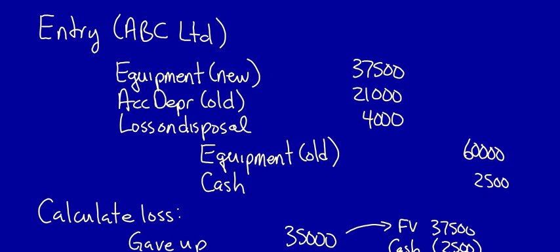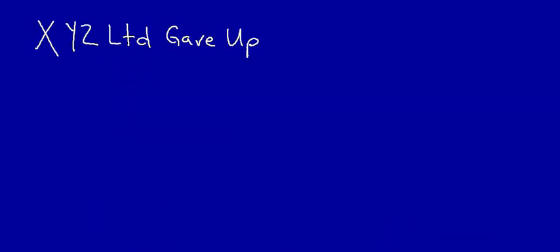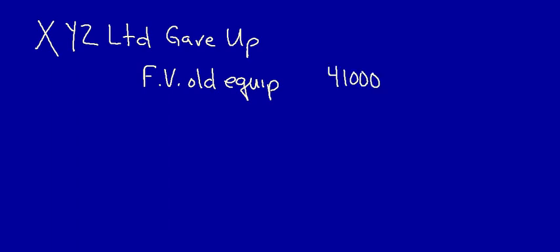Now that we've recorded the entry for ABC Limited with commercial substance, let's move on and record it for XYZ Limited. What did XYZ Limited give up? They gave up the fair value of the old equipment. Remember, we're using fair value because it's with commercial substance. That's from the chart. We also have to take into account the cash that we received, $2,500.